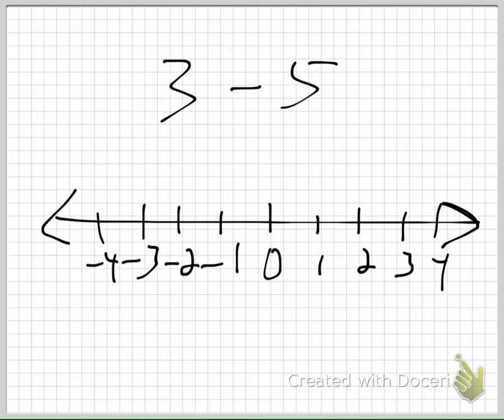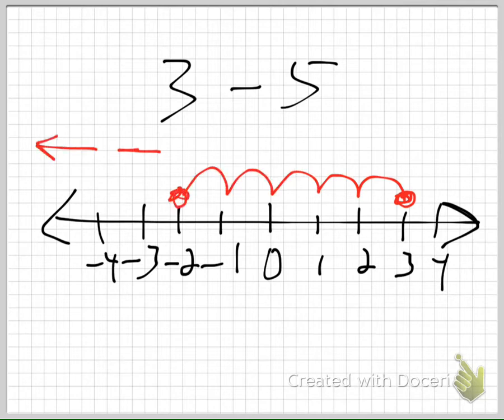This is just how you think, guys. 3 minus 5, that means you go like this. This is where your brain should go. This is one way of wrapping your brain around adding and subtracting integers. I started with 3 and I'm subtracting 5. 1, 2, 3, 4, 5. Drops me down to negative 2.